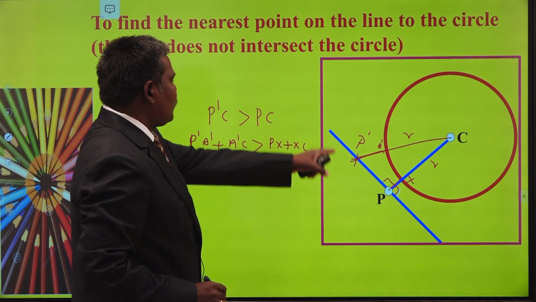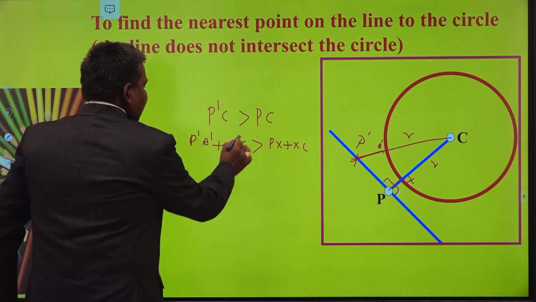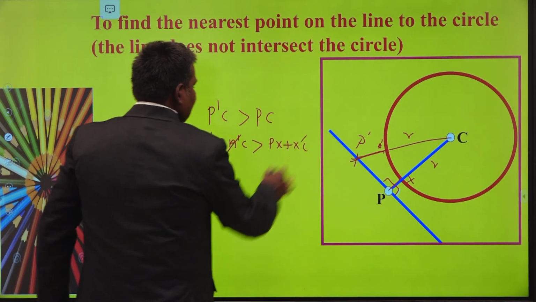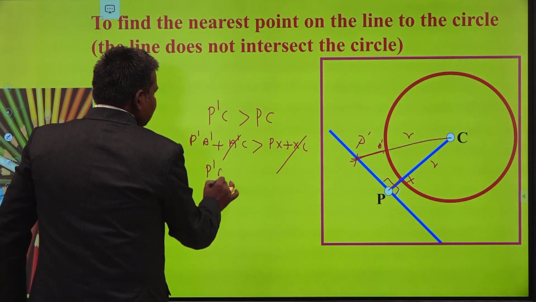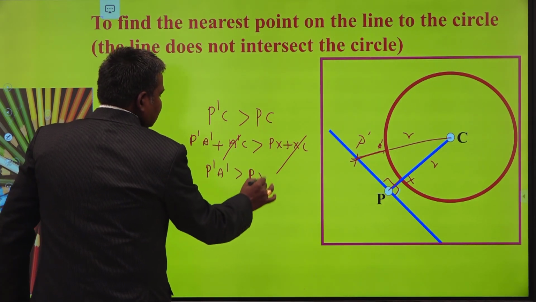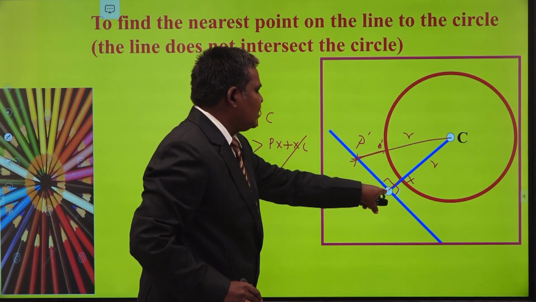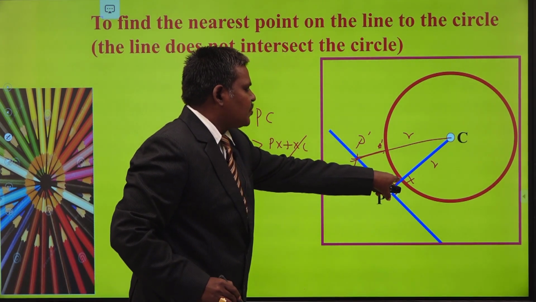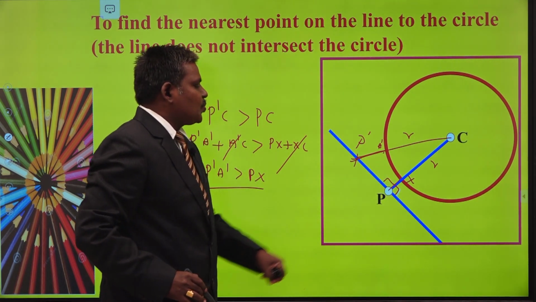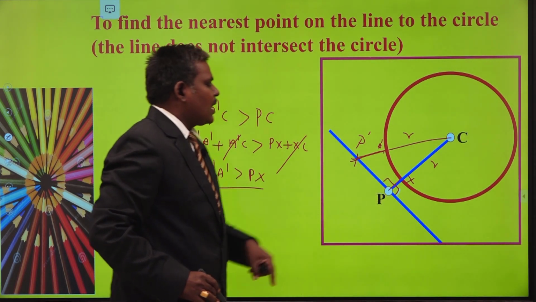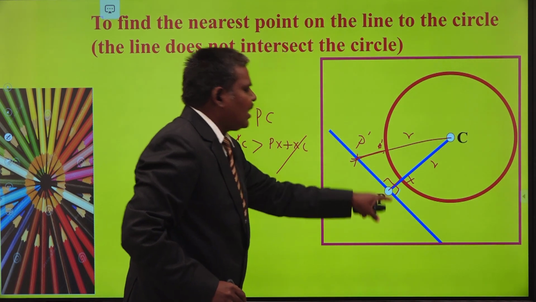What is Xc? What is CA dash? CA dash and CX will be cancelled out. So P dash A dash is more than Px. P dash A dash is the distance from here to here. Px is the distance from here to here. I am saying X is the nearest point to the circle. P is the corresponding point on the line.